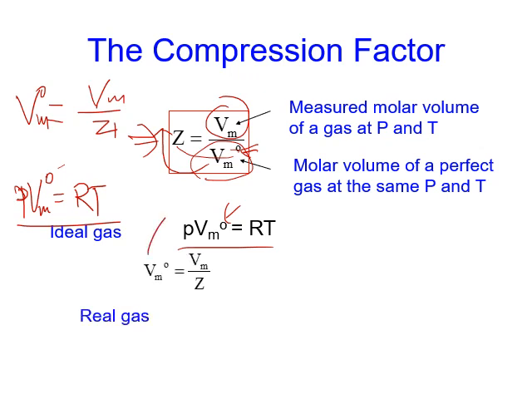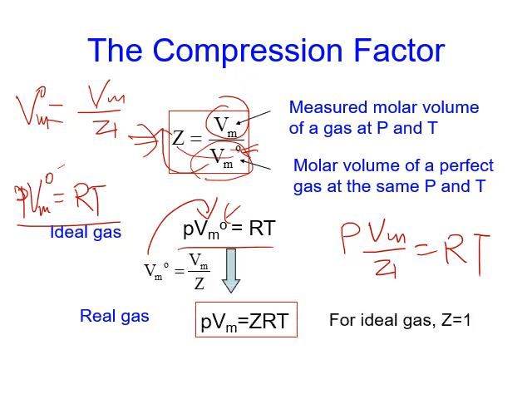Now plug in here, and what you get is P times Vm divided by Z equals RT. Then multiplying both sides by Z, we have PVm equals ZRT.